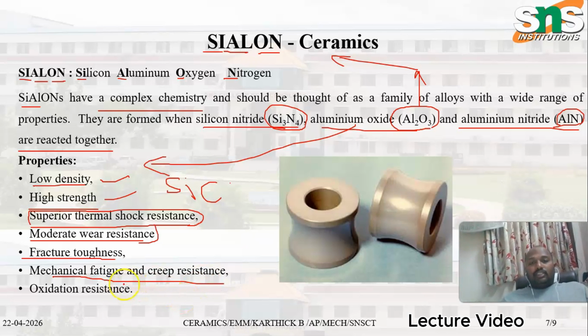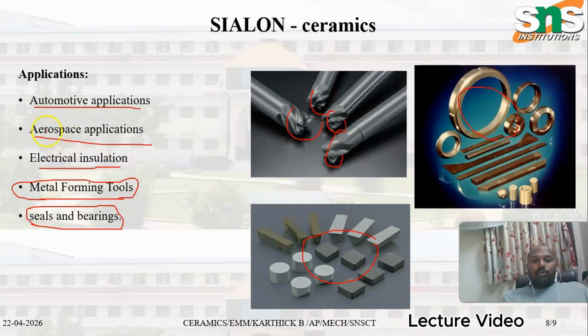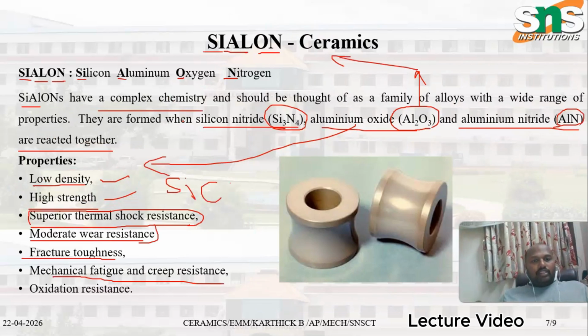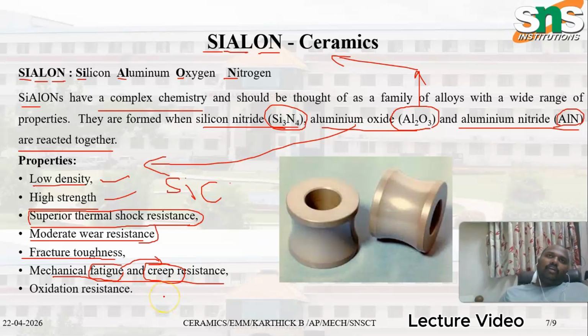The last but one is mechanical fatigue and creep resistance. Sialons are used in automotive and aerospace applications, where high speed machines come into the picture. So these ceramics should have resistance towards fatigue and creep, because these two failures occur, one at high speed machines, and the other at high temperature on imposing mechanical loading.